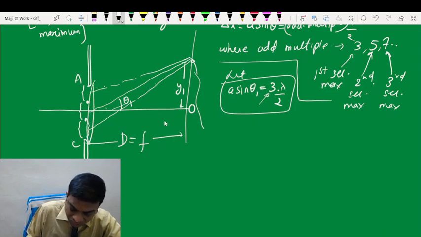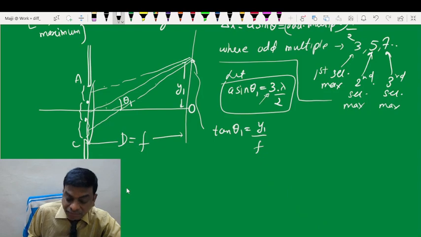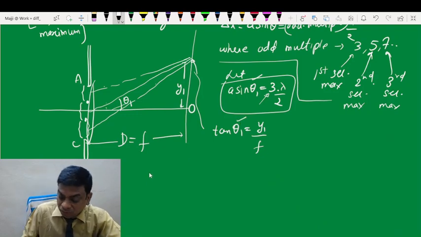Then you can see that tan theta 1 from geometry is y1 by f, in this right angle triangle. So for small angles, you can equate sine theta 1 and tan theta 1. If it is not small, then you have to take the actual values.